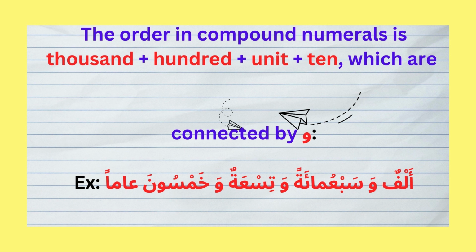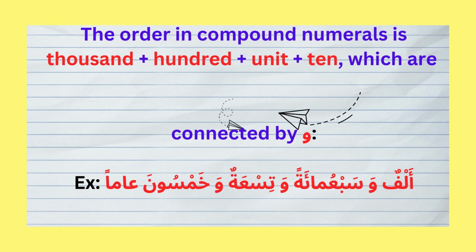And these are all connected by wa. So here is an example. 1759 عاما. 1795 years. And notice that it's followed by the noun in the singular.